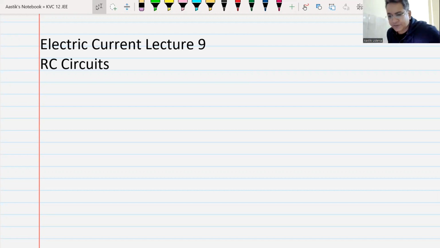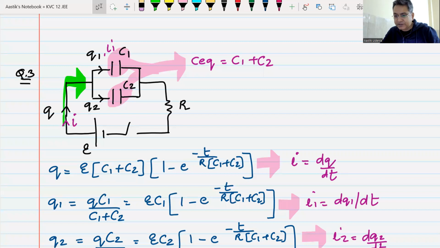What was the last thing that we did in yesterday's class? Do we remember? We had seen how to find out the charge in steady state on the capacitor. Do we remember these questions where we had seen the transient state of the capacitor? Yes, sir.